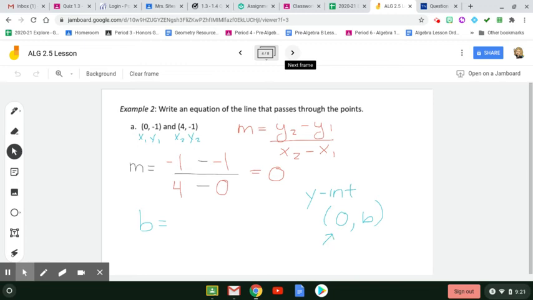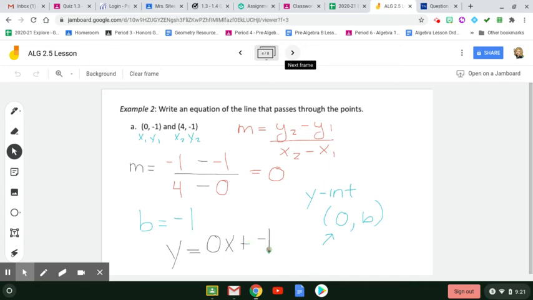So if you look in this problem, we actually have given to us our y-intercept because they have an x value of 0 in the problem. So therefore, we don't have any work. The y-intercept is -1, and then we're going to put that together right now. So y equals m, which is 0, x plus our b is -1.